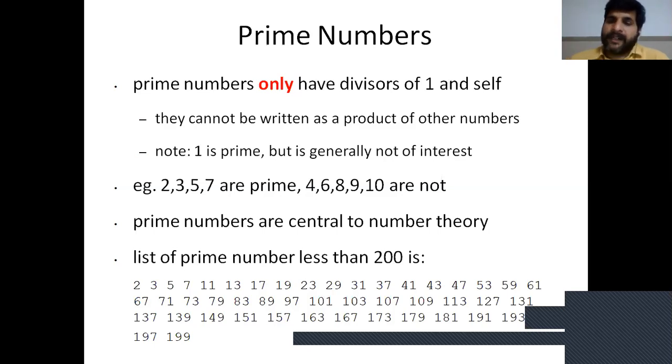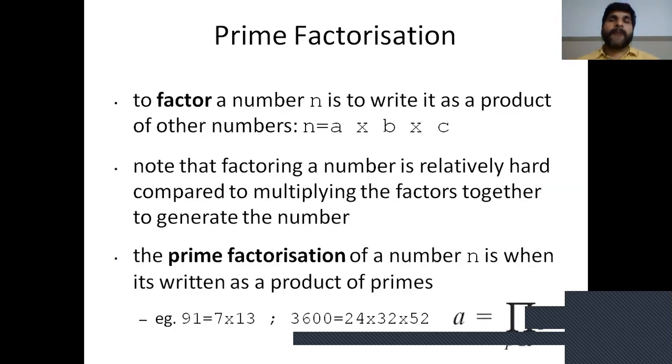Up to 199. Prime factorization: to factor a number n is to write it as a product of other numbers, n equals a times b times c. Note that factoring a number is relatively hard compared to multiplying the factors together to generate the number.